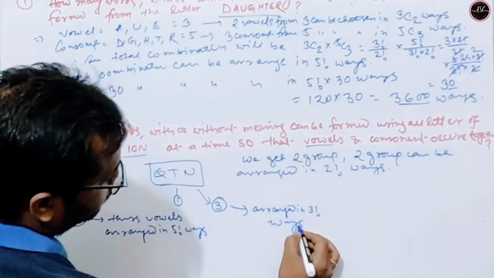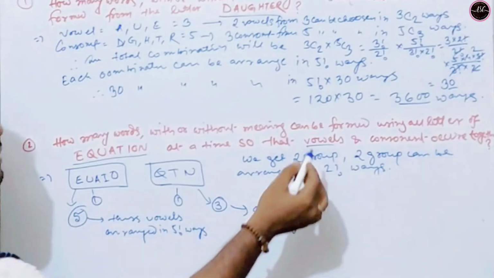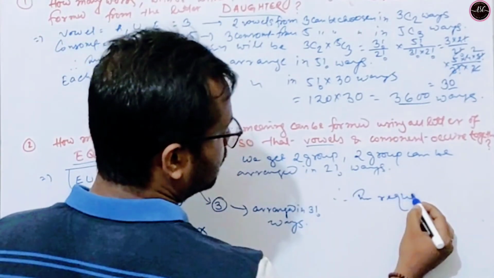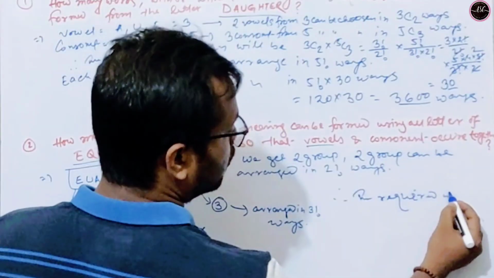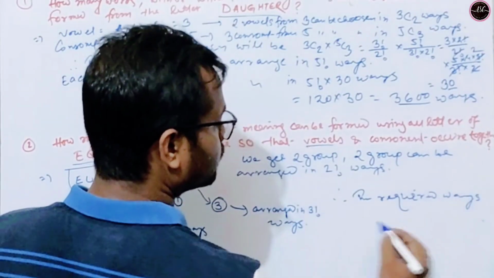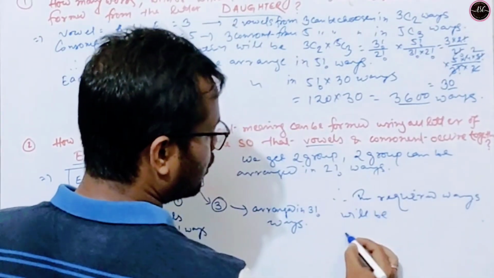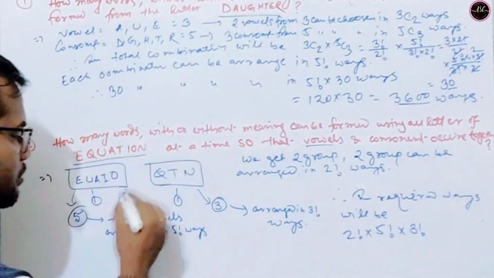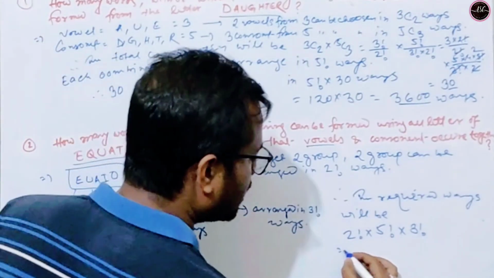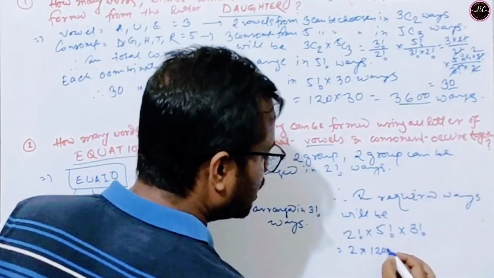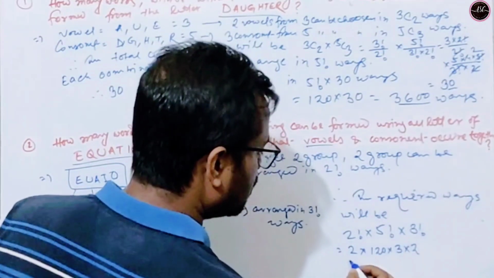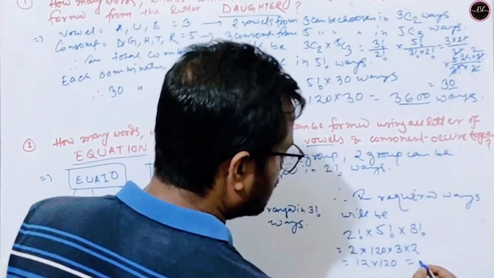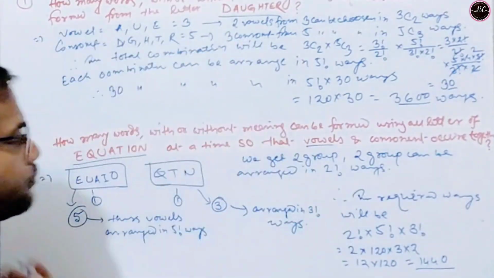Okay. So therefore we have 5 factorial, 3 factorial and 2 factorial. So the required number of ways will be 2 factorial into 5 factorial into 3 factorial. Just multiplying these three, we get 2 into 120, and 3 factorial equal to 3 into 2. That means 12 into 120. That means 1440. Okay, that will be the answer.